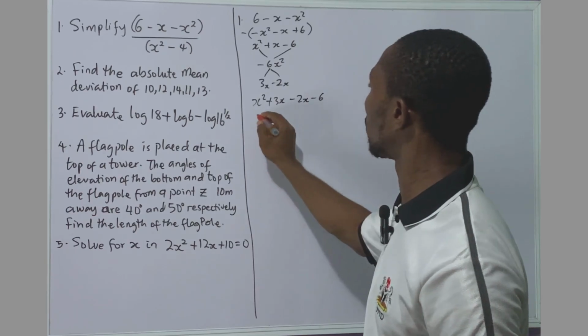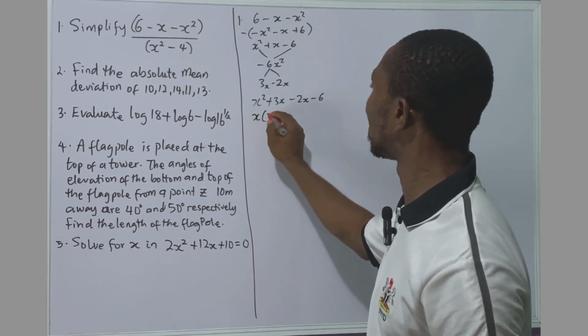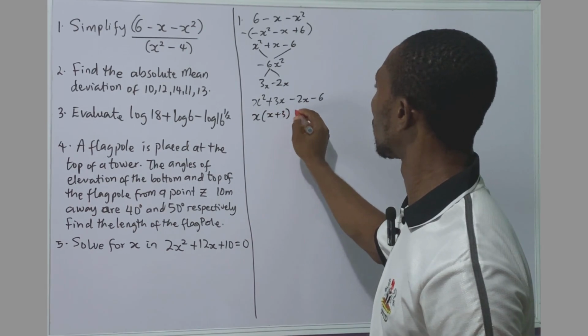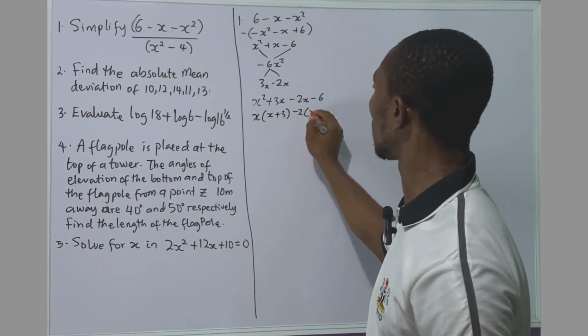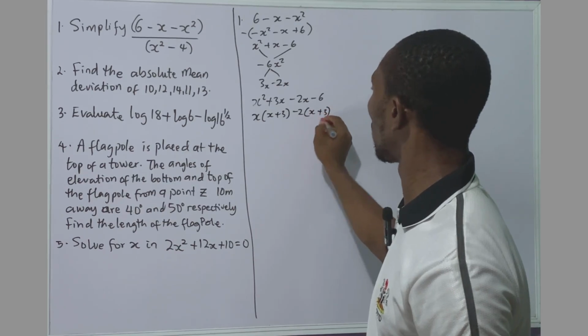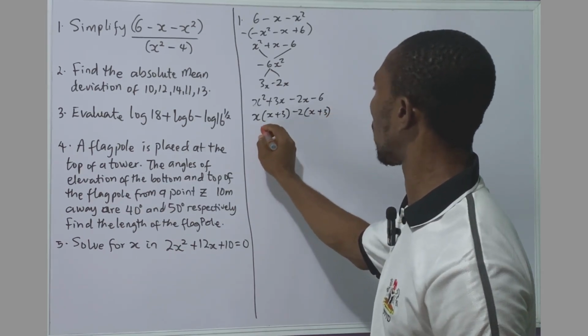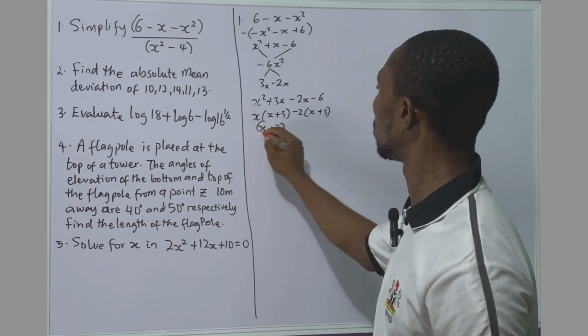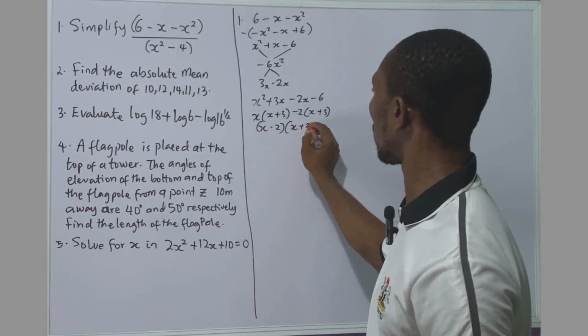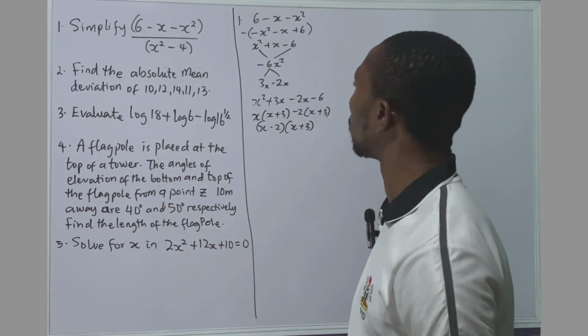This gives us x times (x plus 3) minus 2 times (x plus 3). So for the numerator, we have (x minus 2)(x plus 3) as the factorized equation.